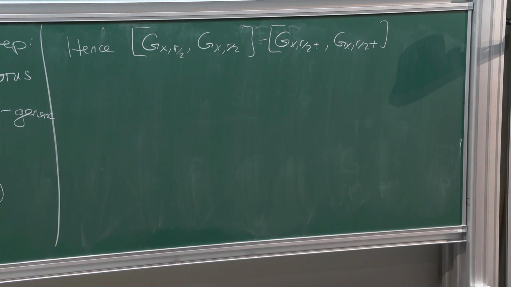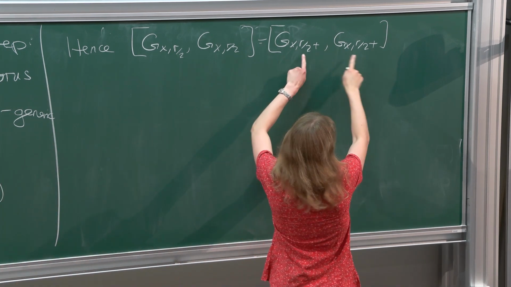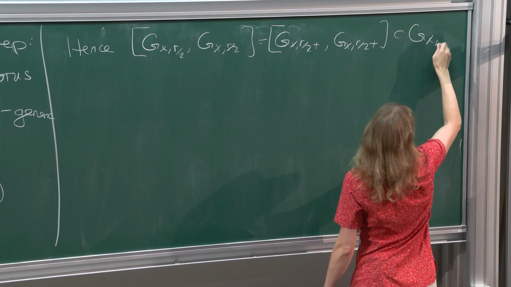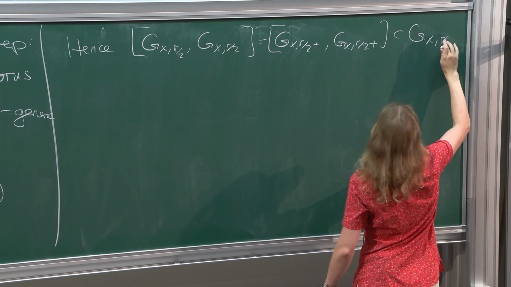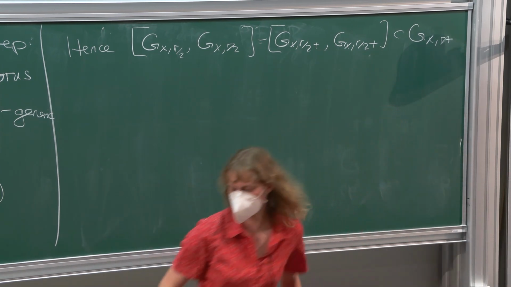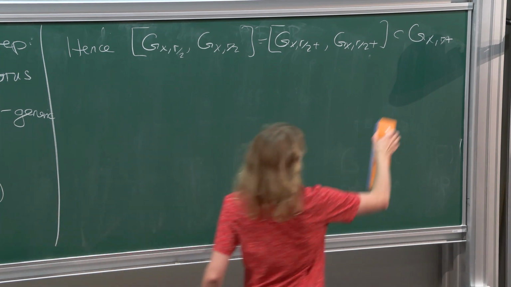Now there's a nice property of these commutators of the Moy-Prasad filtration: if you take the commutator, the depth adds up. So this is actually contained in G_{x,r/2+r/2+}, so it's contained in G_{x,r+}. Sorry for those who can't see it because of the camera.